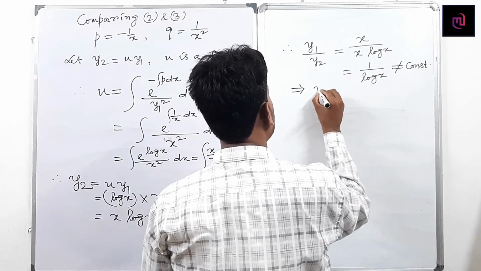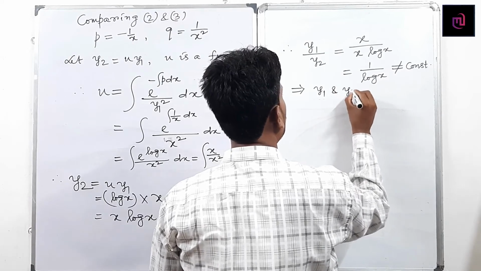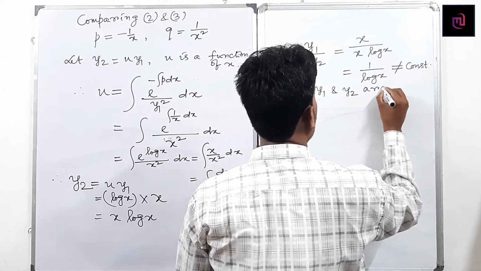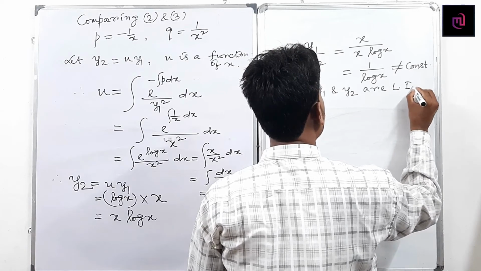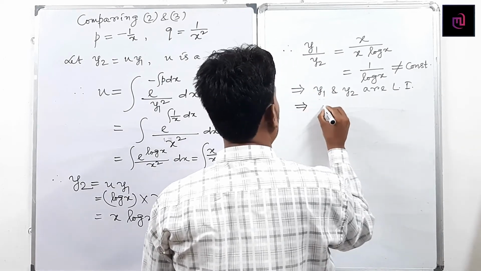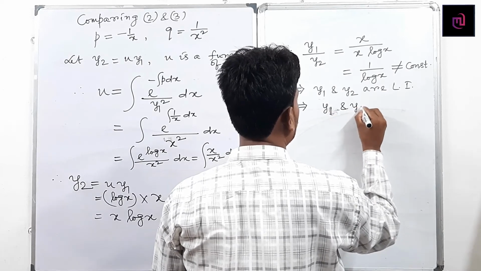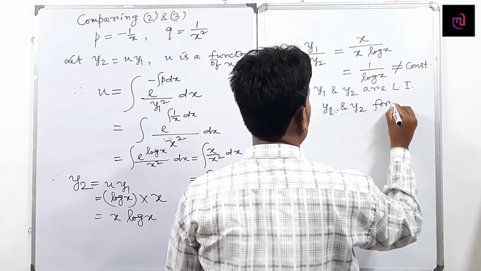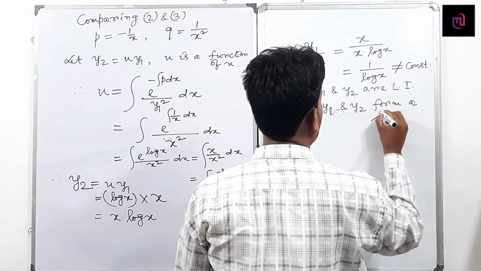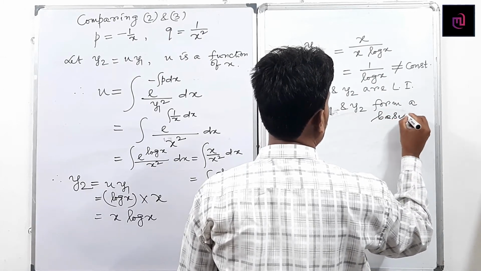So we must say y1 and y2 are linearly independent, which implies y1 and y2 form a basis.